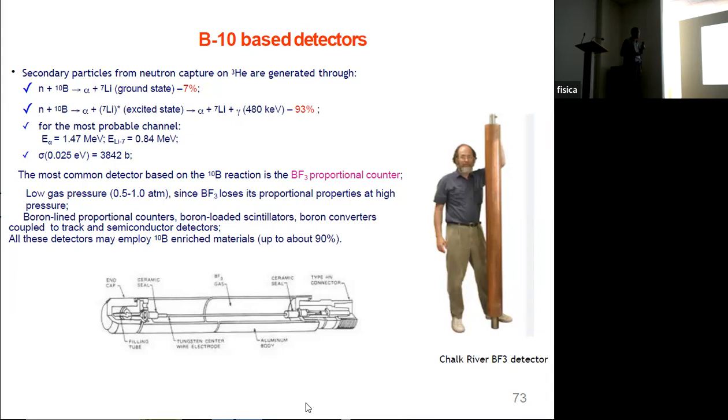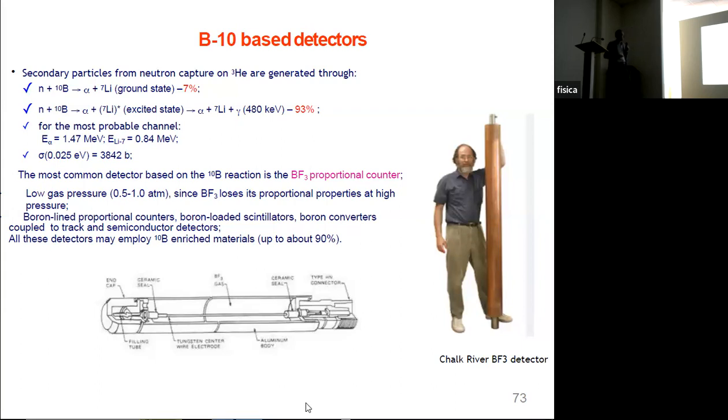Sometimes a gas is used, which is called boron trifluoride, used in proportional counters. I just put this picture today because we visited the Chacaltaya laboratory this morning, and I saw their neutron detectors of this type, and I found this picture on the internet.